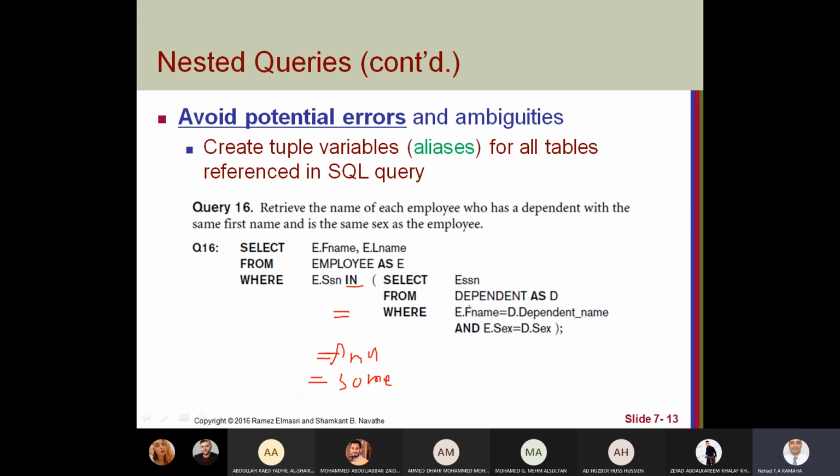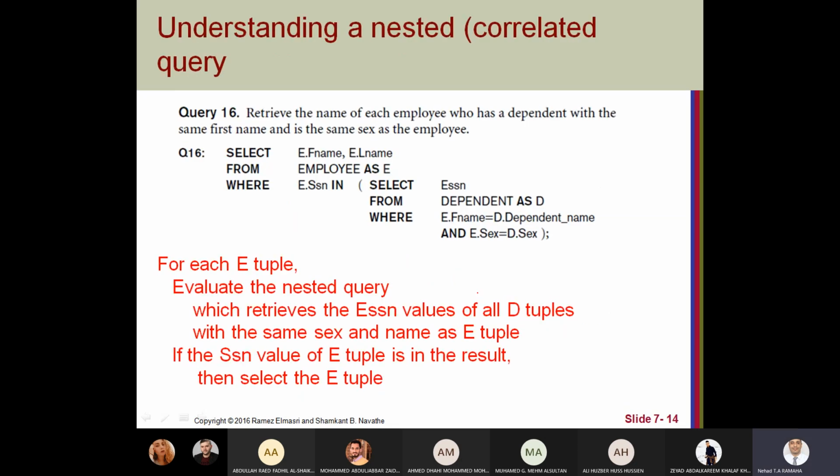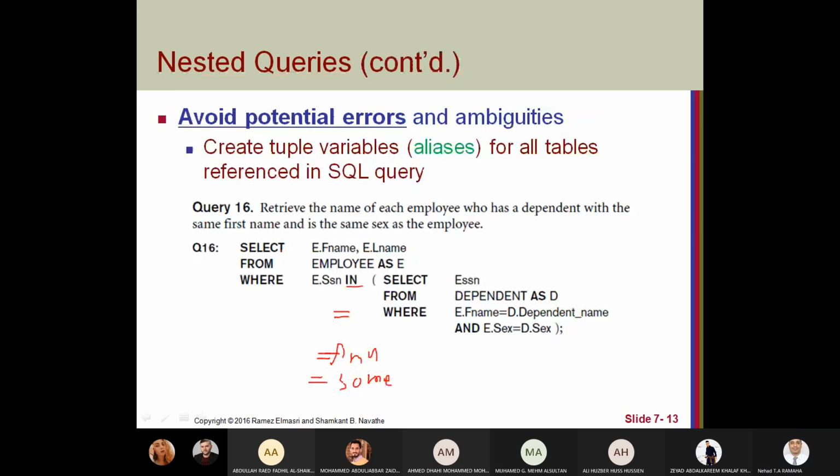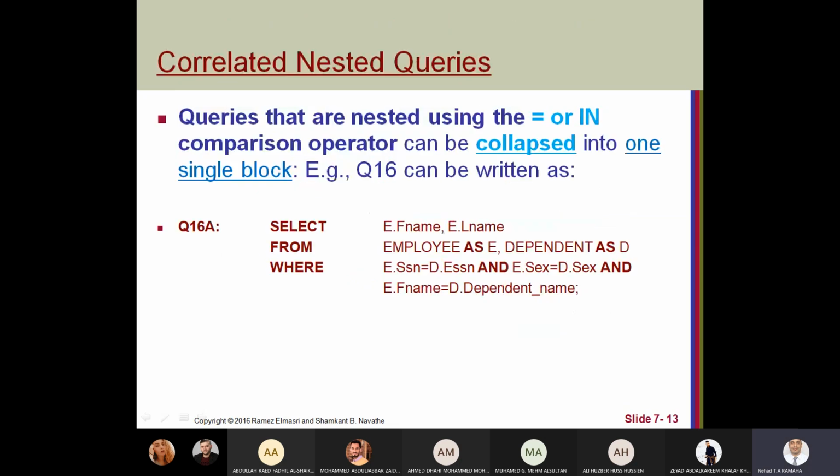So we can write this query another way. We can write the same query in another way. Why?